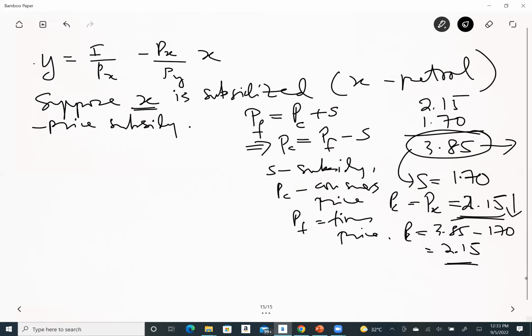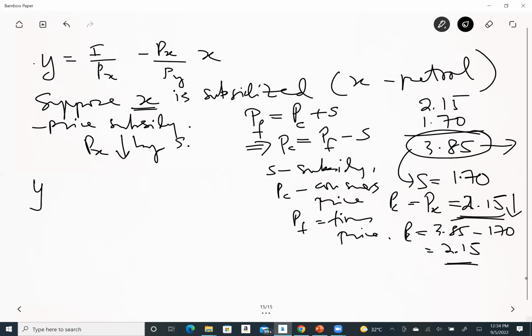Okay, all right. So in other words, if you are given a subsidy, the price of X will just go down by the amount of the subsidy. So for example, I just write down a numerical example.